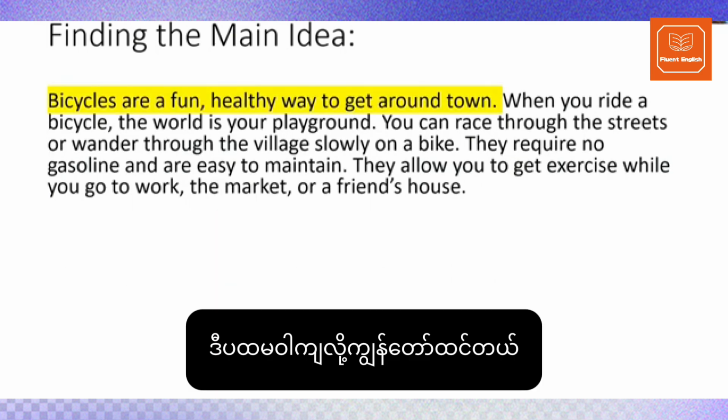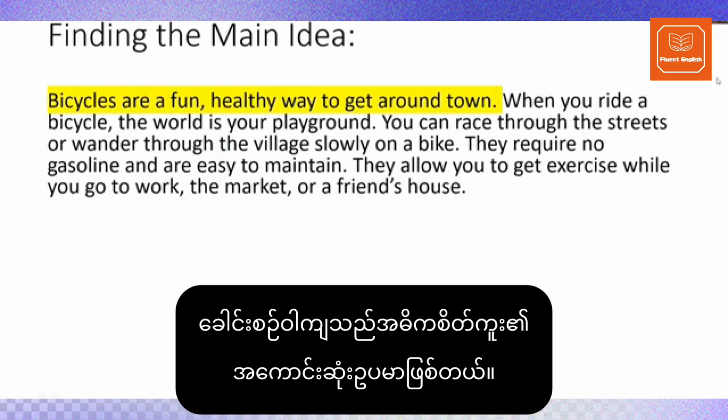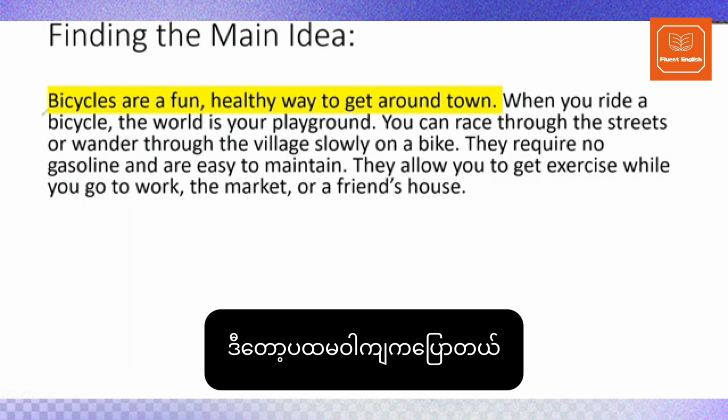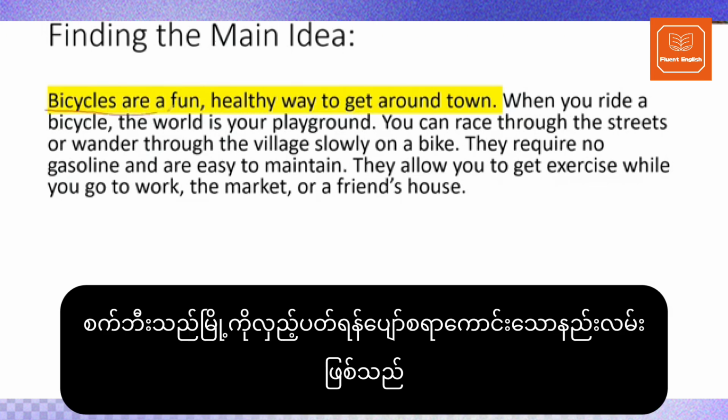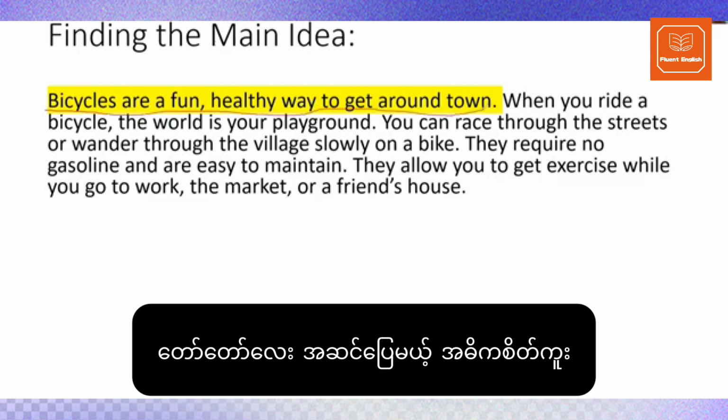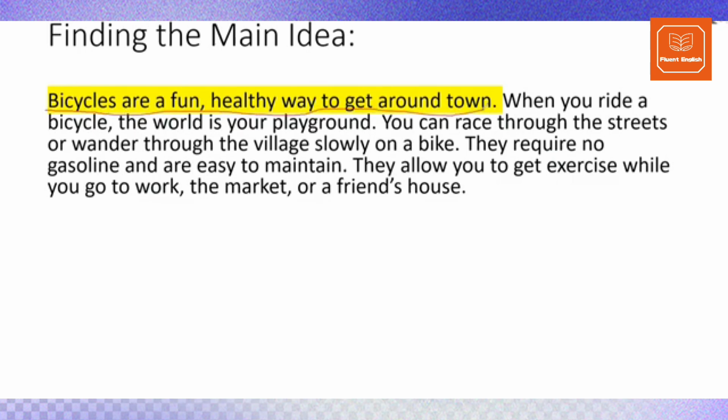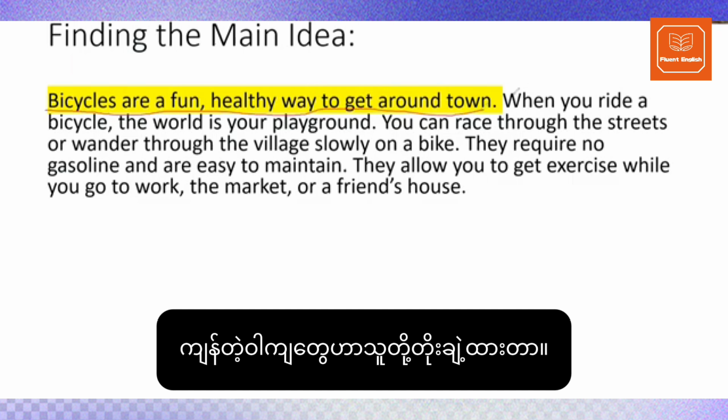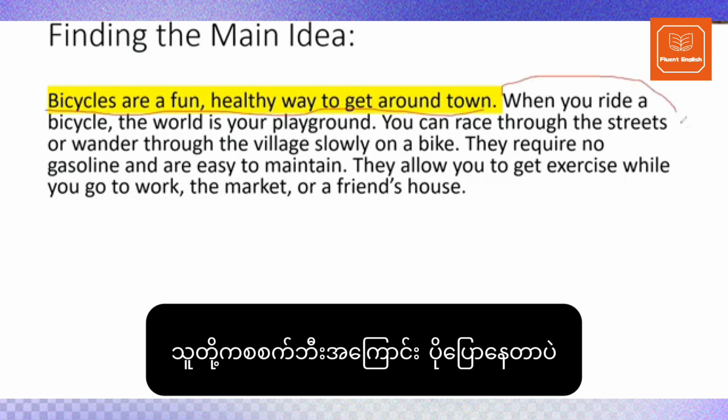I think this first sentence, the topic sentence, is an excellent example of the main idea. The first sentence says, bicycles are a fun, healthy way to get around town. That's a pretty central idea. The rest of the sentences after that are just expanding, saying more about bicycles.